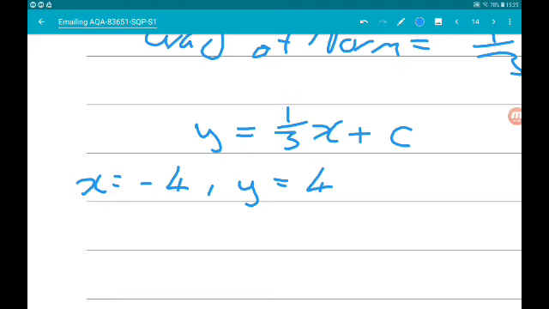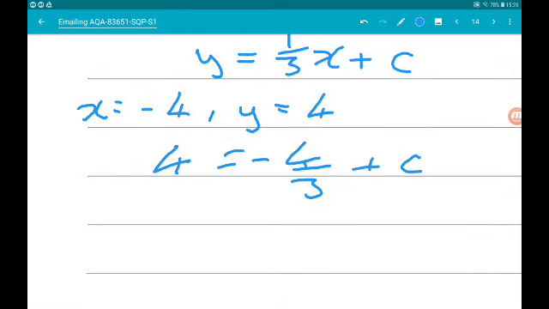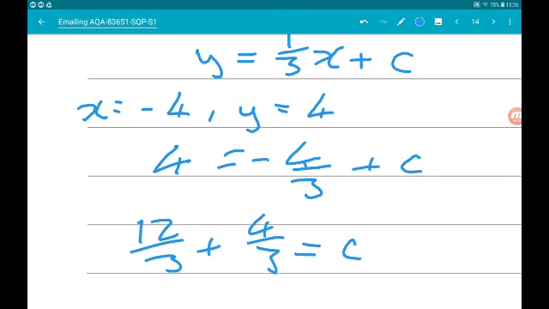Then we get 4 is equal to minus 4/3, add c. 4 in terms of thirds is 12/3. Now if we add the 4/3 to both sides, we get that c is 16/3.